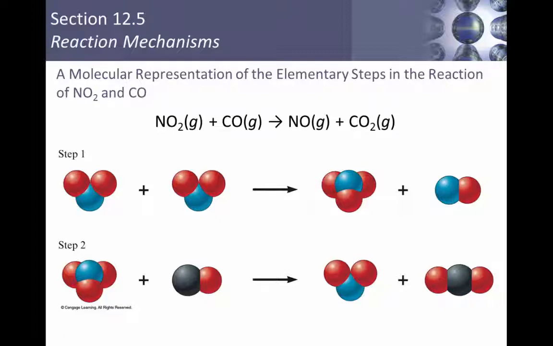Now this NO3 is being used up in the second step with CO and forming NO2 and CO2. I think this should just be NO. Anyway, you can see the idea that this is a series of steps showing individual collisions to go from the reactants to the products.